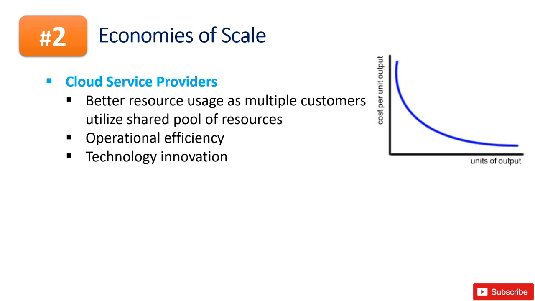This is basically the idea with economies of scale, the cost advantage per unit with the increased output of units. A cloud service provider can enjoy operational efficiency as more customers are joining the cloud services. They can invest more in technology innovation and manage this mega scale data center much more effectively than a single organization.